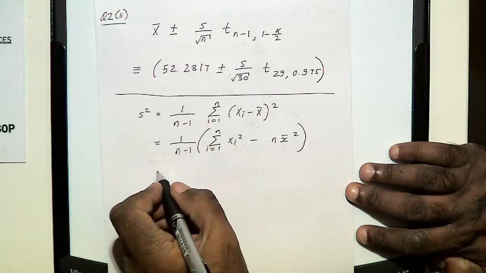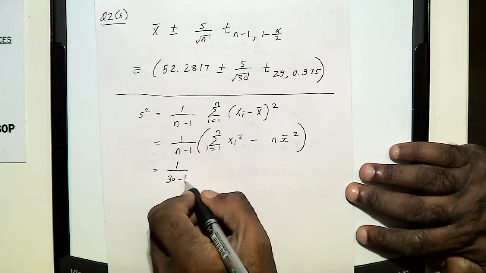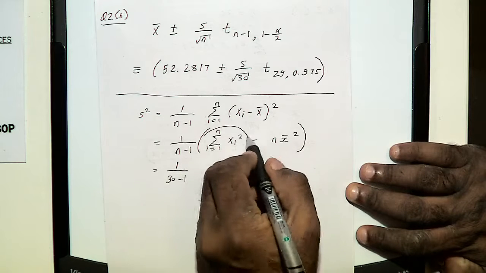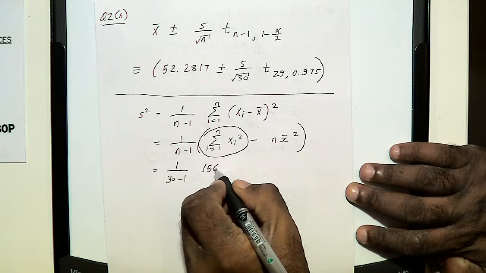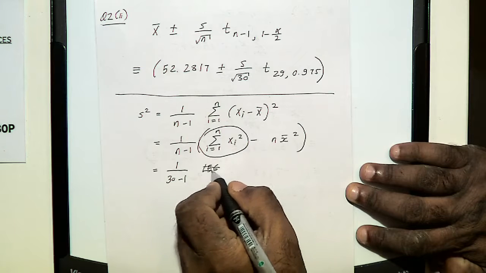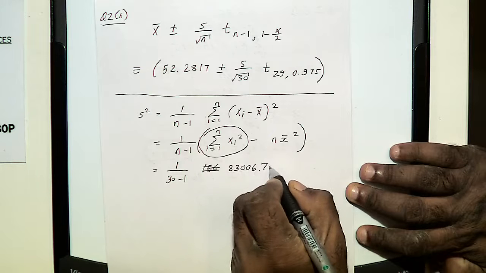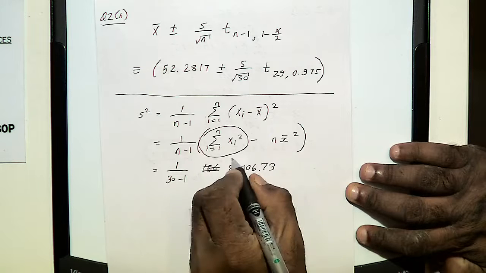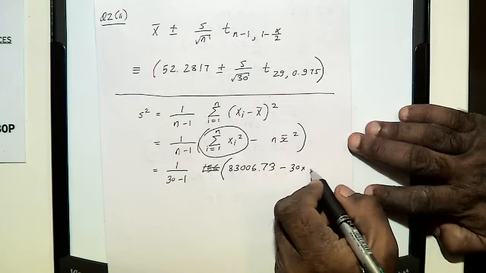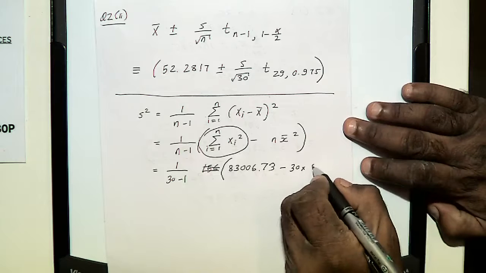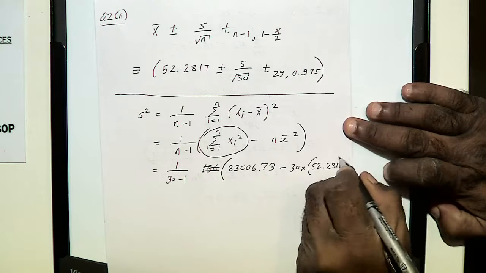Now, if you sub in the numbers, n is 30. This guy here is given in the question as 83006.73, right? That's this minus n is 30, x bar is 52.2817 squared.